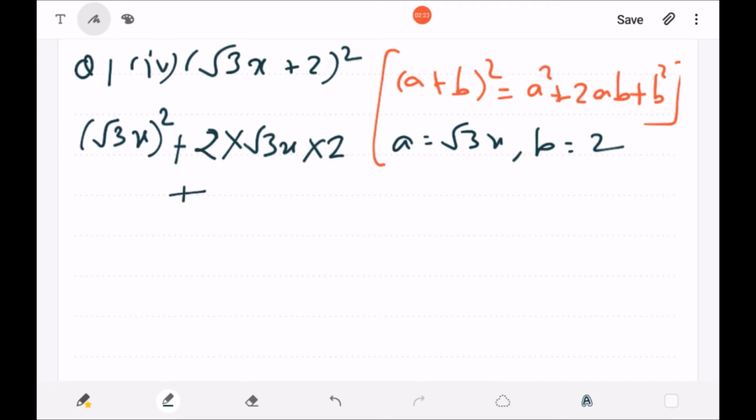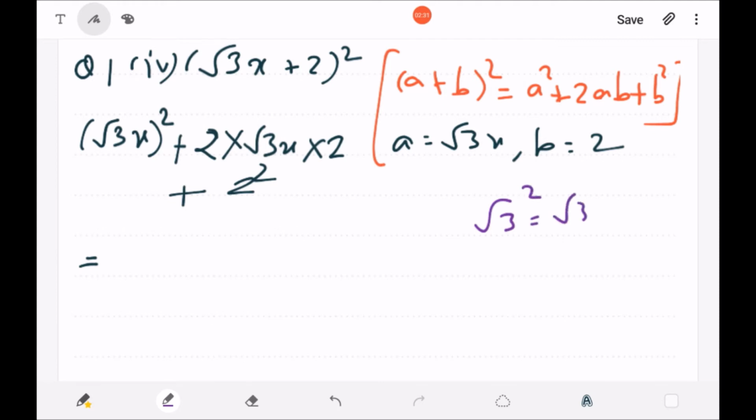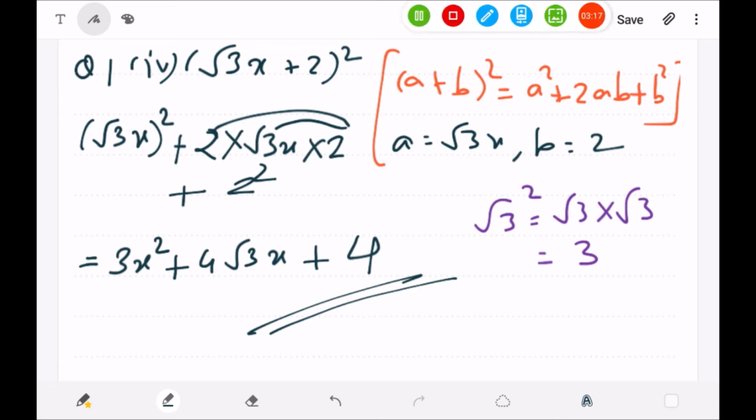So what we'll get here on further simplification, root 3x square. So root 3 square will be root 3 into root 3, that is 3. So root 3x square is going to be root 3 square and x square, that is 3x square, plus 2 into 2, 4 into root 3 is 4 root 3. So 4 root 3x plus 2 square. 2 square is 4. So we'll get the final expansion, 3x square plus 4 root 3x plus 4.